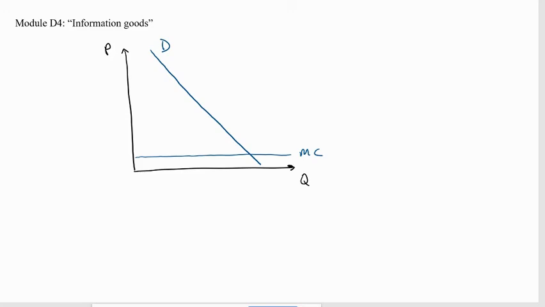Well, if the decision on pricing falls to that firm, then they are going to choose to set price far above marginal cost, perhaps, in order to exploit the market power they have and earn profits that are available in the production of their information good.